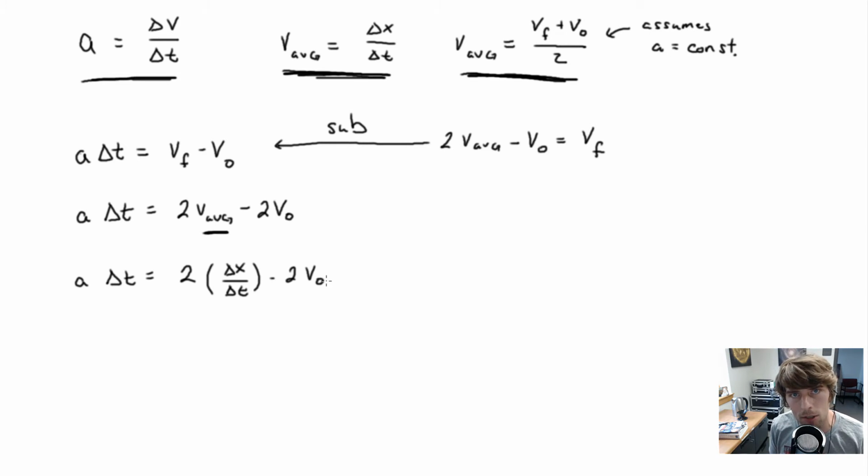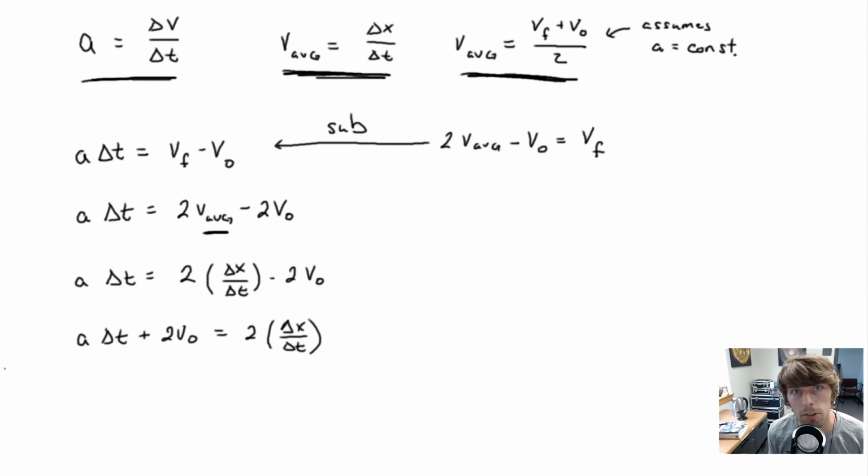I'm going to rearrange it because this tends to be the standard format that it's presented in. And so what I'm going to do is I'm going to get delta x by itself. So the first thing I need to do is I'm going to add this to the other side. So I have a delta t plus 2v naught equals 2 delta x over delta t.